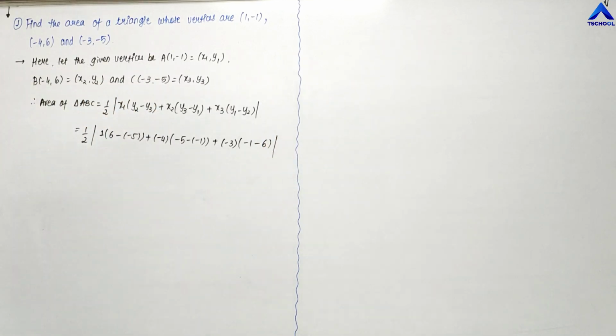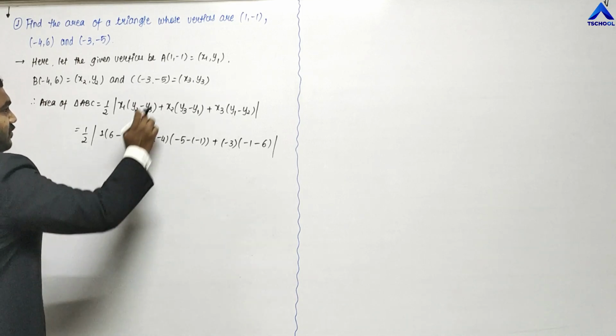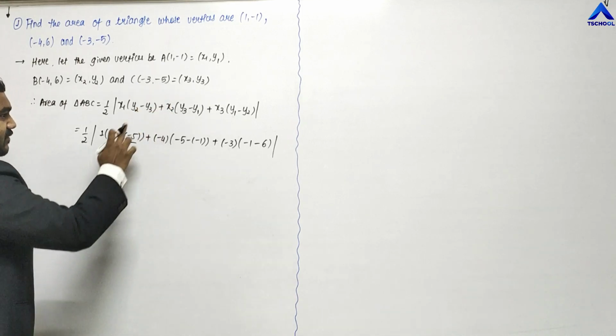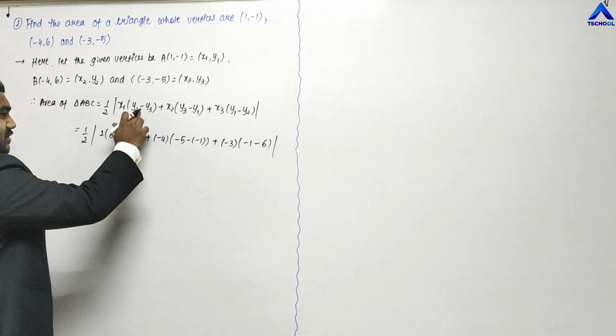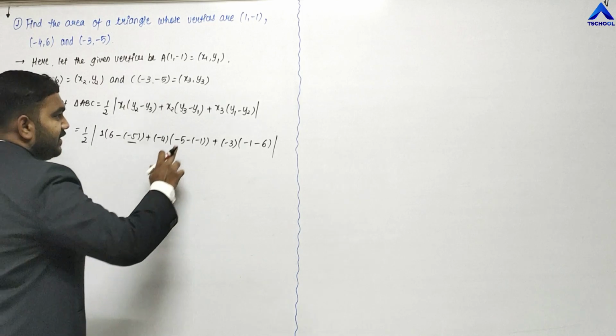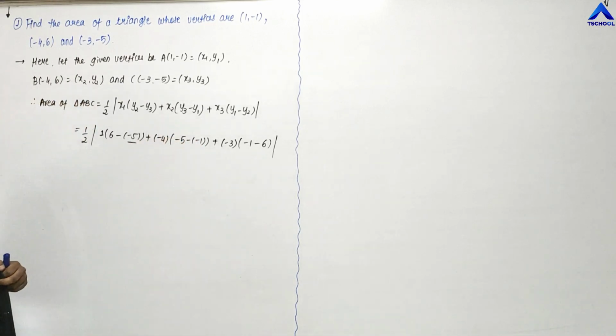See friends, we have put the values as they are: y3 is -5 so we put -5, but this minus is different from the minus of -5 because it is already present in the formula. Here also y1 is -1, so we put it as it is.